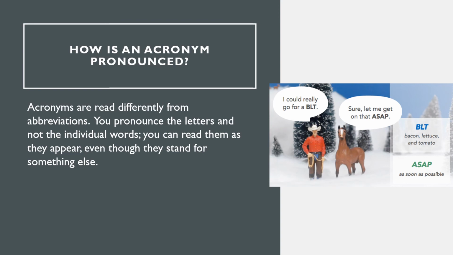ASAP also means as soon as possible. So acronyms are a little different, and depending on, I guess, societal expectations and how society pronounces them, that's how you should do it too. And if you're not sure, you can certainly ask somebody, or you can look up pronunciations of acronyms and see what the Google tells us we should do.